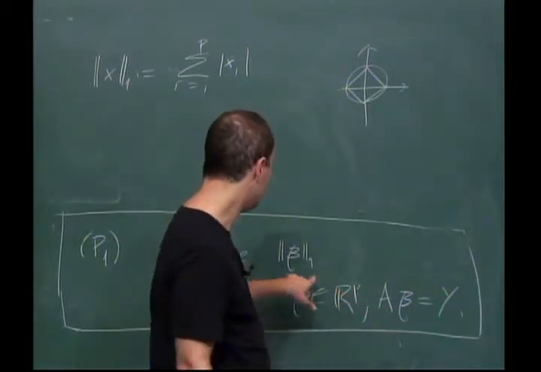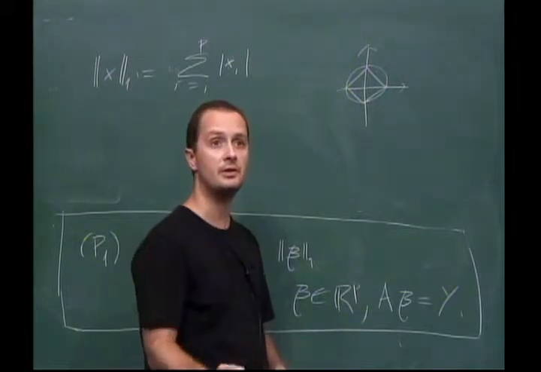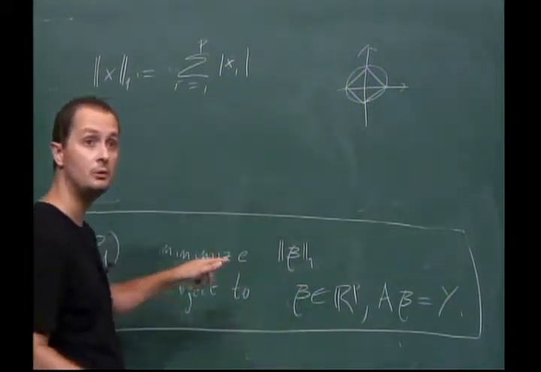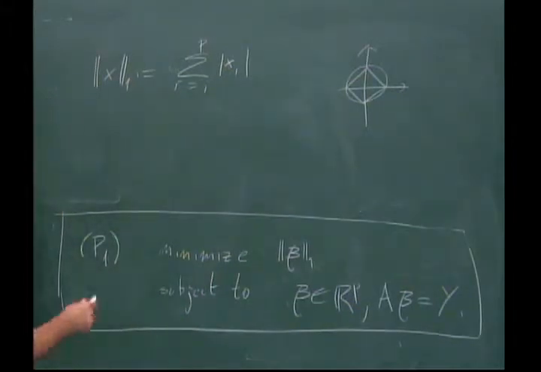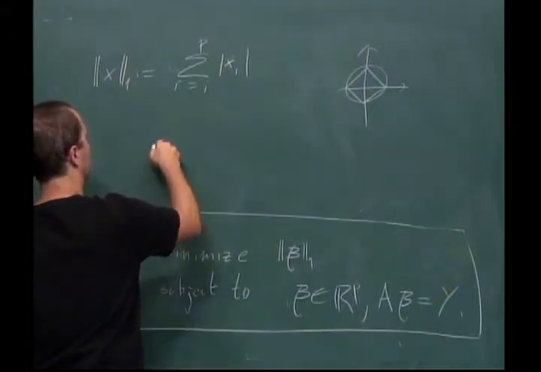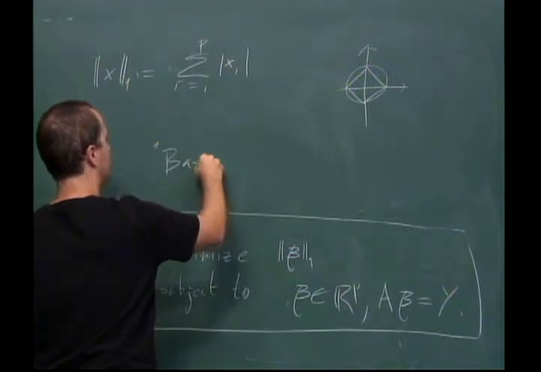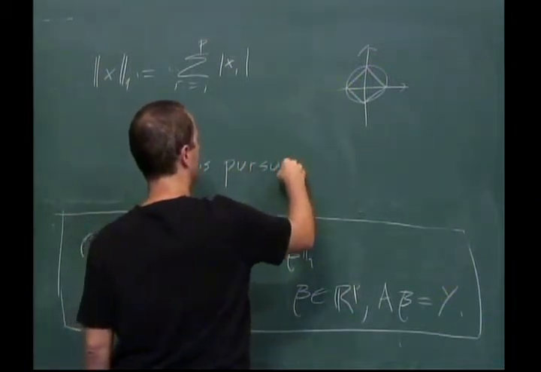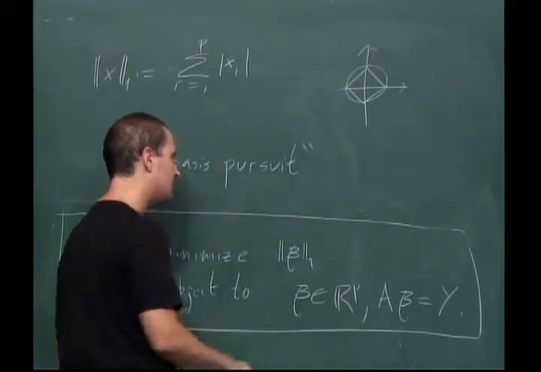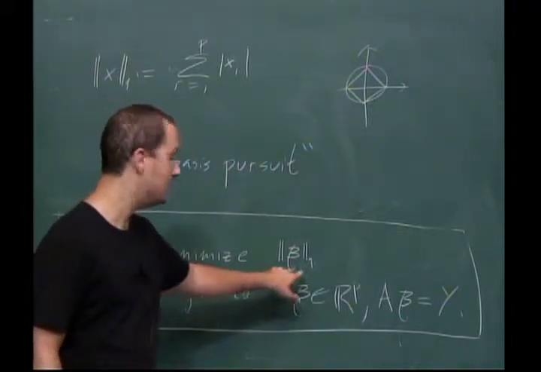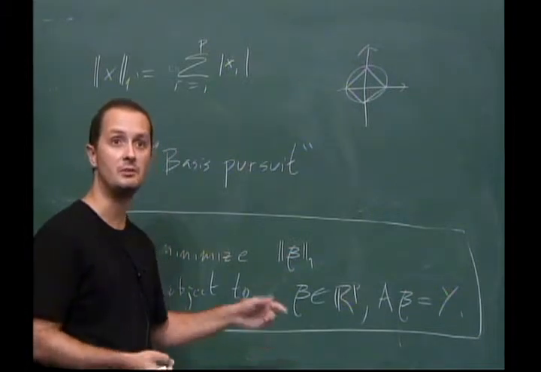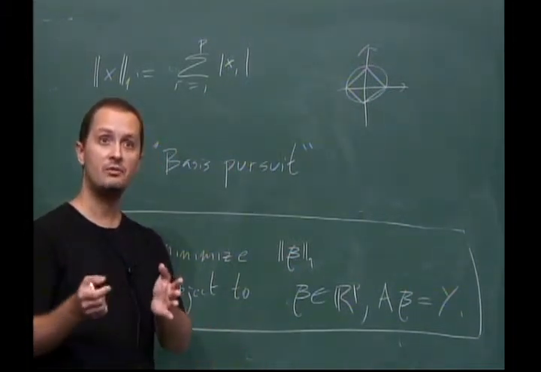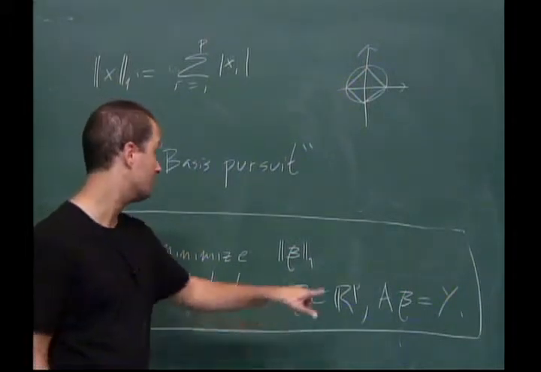But now instead of looking for the sparsest vector that is a solution, I look for the solution with the minimal L1 norm. There's a name for this, which is, well, Dave Donoho was one of the inventors of this subject, calls this basis pursuit, which in some sense means that you're trying to find the right basis, meaning the right basis vectors, because finding a sparse vector is more or less equivalent to finding which vectors in the canonical basis I want to use to express beta min.